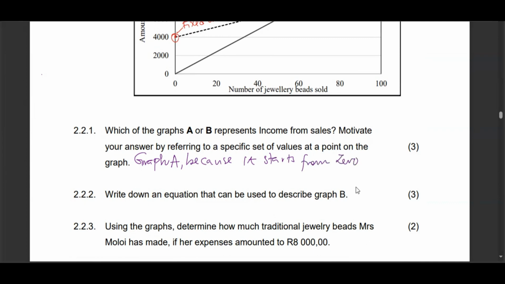They said motivate your answer by referring to a specific set of values at a point. So you see 0 rands, you have 0 beads. So this is a set of points, which will be (0, 0). That's what you're looking at.